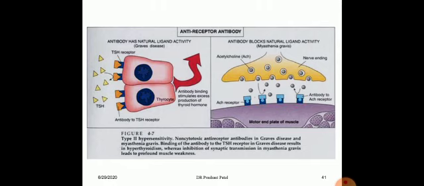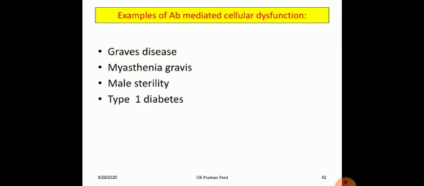In myasthenia gravis, antibody to the ACh receptor binds with the ACh receptor, so it inhibits the normal signaling pathway and induces myasthenia gravis, resulting in profound muscle weakness. These are examples of antibody mediated cellular dysfunction.